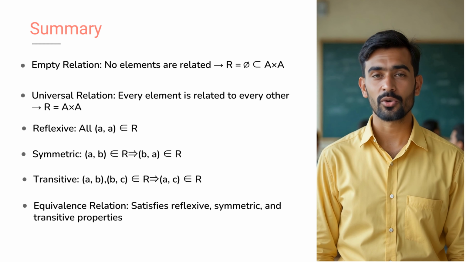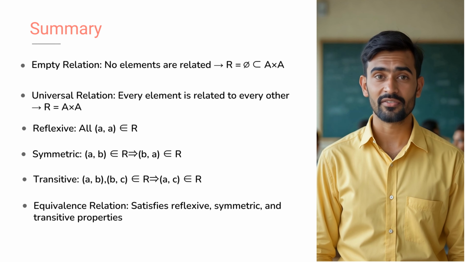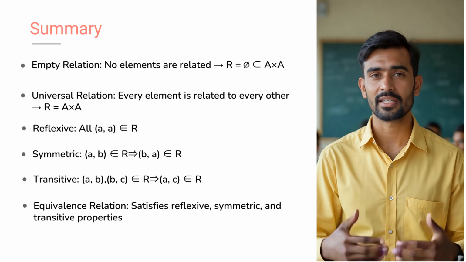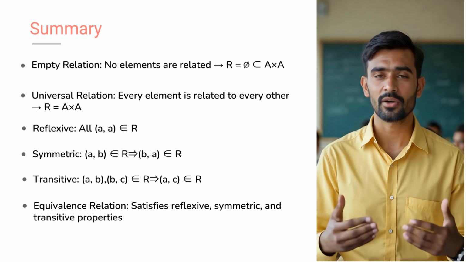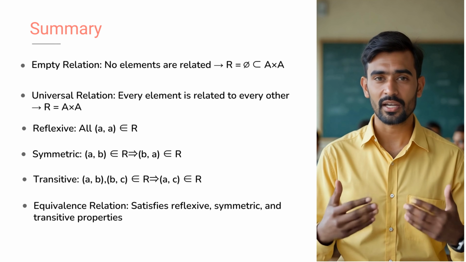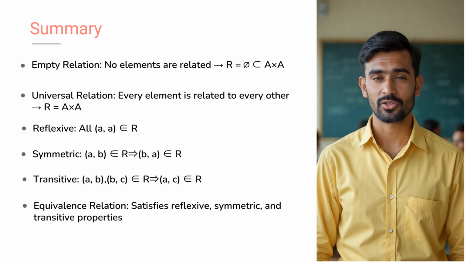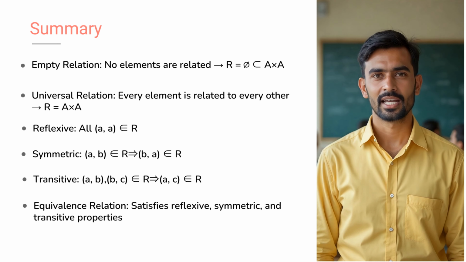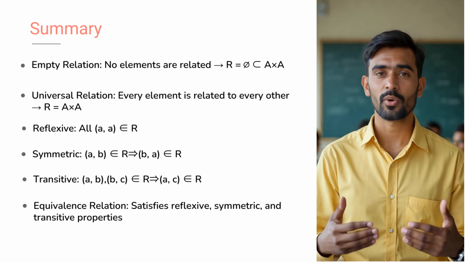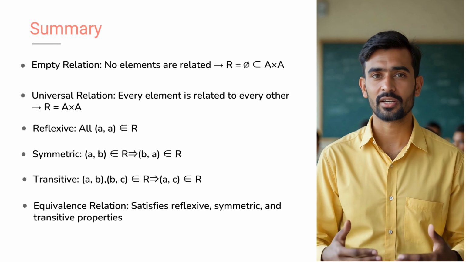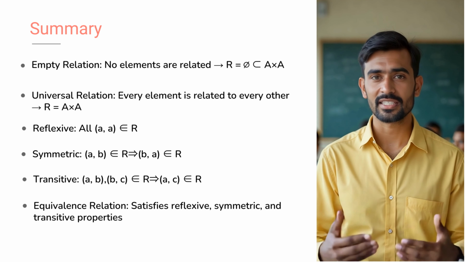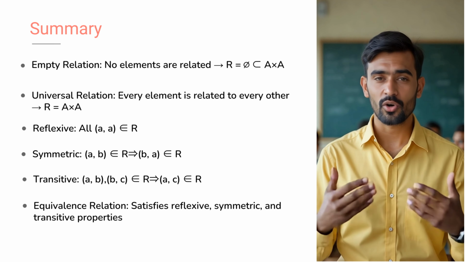R equals A into A. A relation is reflexive if every element relates to itself: (a, a) belongs to R. It is symmetric if swapping a and b keeps the pair in the relation: (a, b) in R means (b, a) must also be in R. It's transitive if linking two related pairs leads to a third: (a, b) and (b, c) in R must give (a, c). And when a relation is reflexive, symmetric, and transitive all at once, it's called an equivalence relation, capable of dividing a set into clean, non-overlapping groups called equivalence classes.